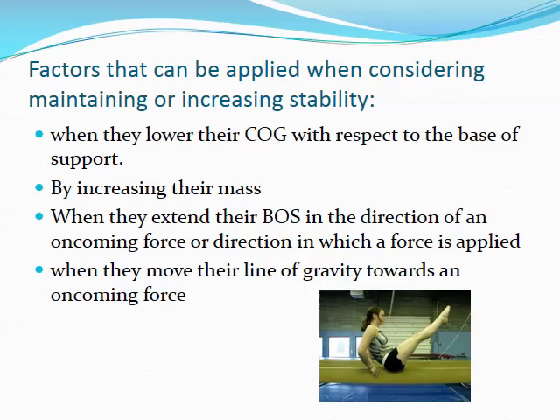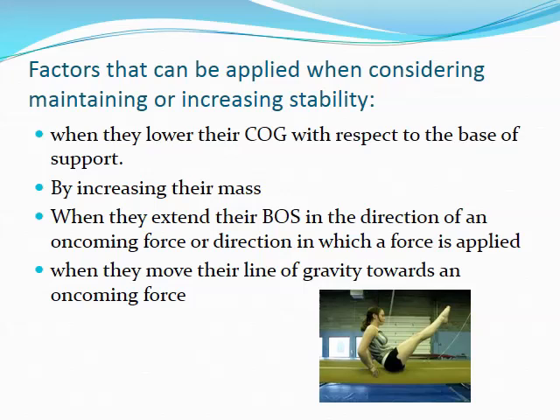So when we look at maintaining or increasing stability, we're looking at some of the things we can do, and I'm going to give some examples here of athletes outside of gymnastics. So when we lower our centre of gravity, as it relates to our base of support, we generally become more stable.